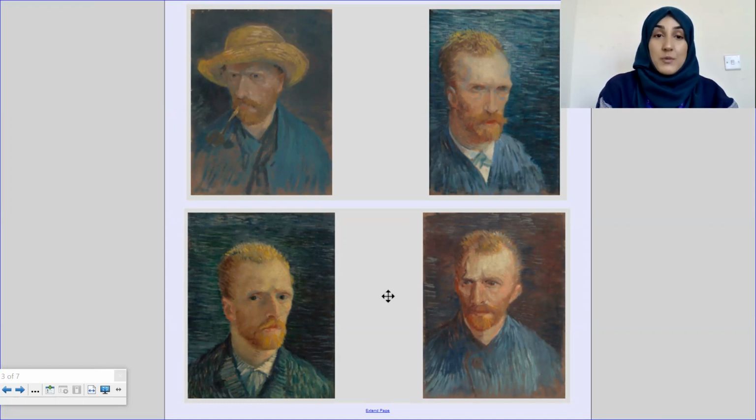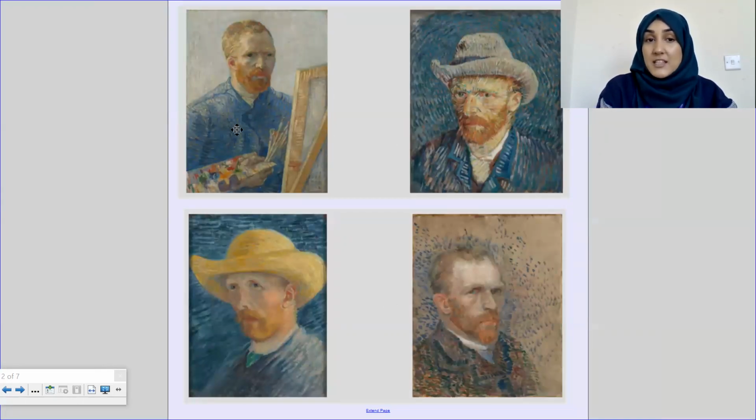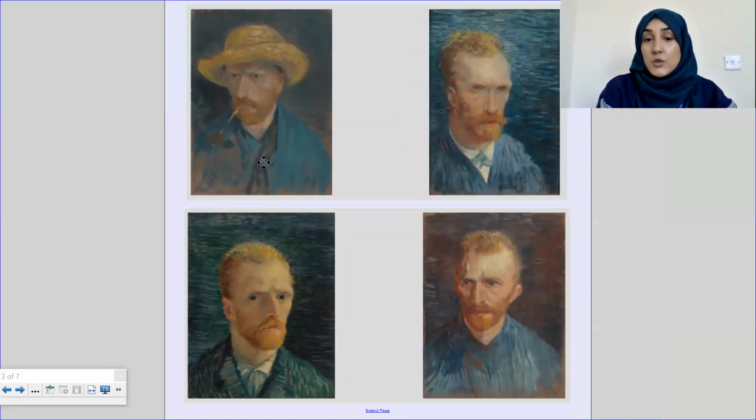Okie dokie, what we notice first, let's look at these three self-portraits over here. I can see that the color scheme is fairly the same. I've noticed that in these eight portraits that we've looked at, this coat in particular was his favorite piece of clothing, because he's got it on again over here in this portrait and also in this portrait.